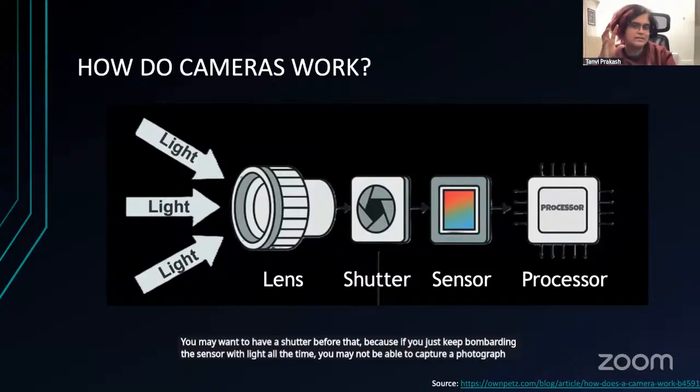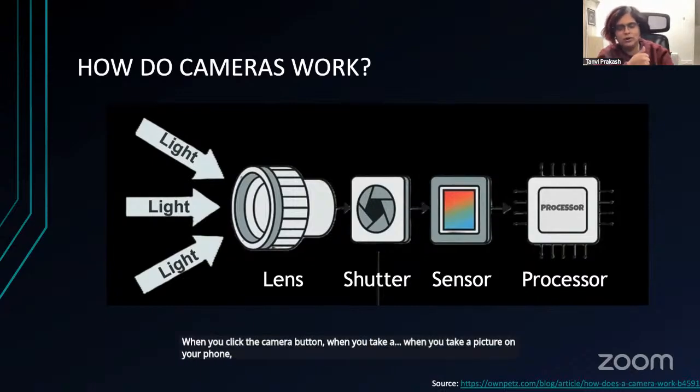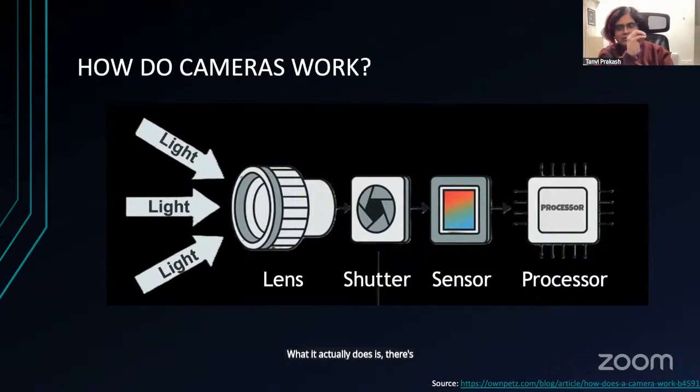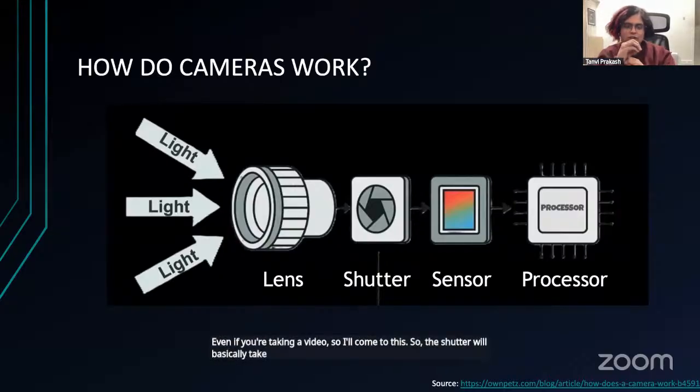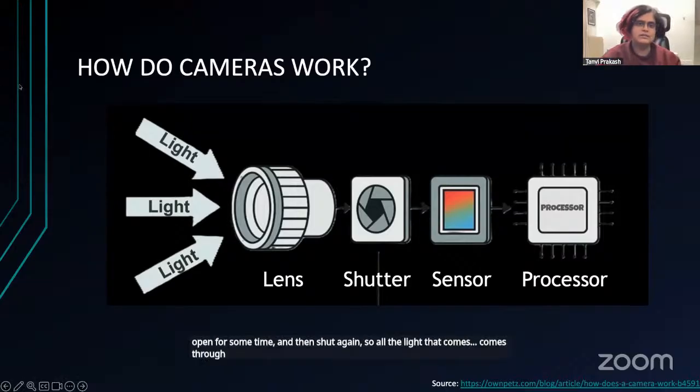So what the shutter basically does is, when you click the camera button, when you take a picture on your phone, there's a shutter which opens and closes. Even if you're taking a video, so I'll come to this. The shutter will basically open for some time and then shut again. So all the light that comes through the lens and through the shutter and onto the sensor is only for the period that the shutter opens.